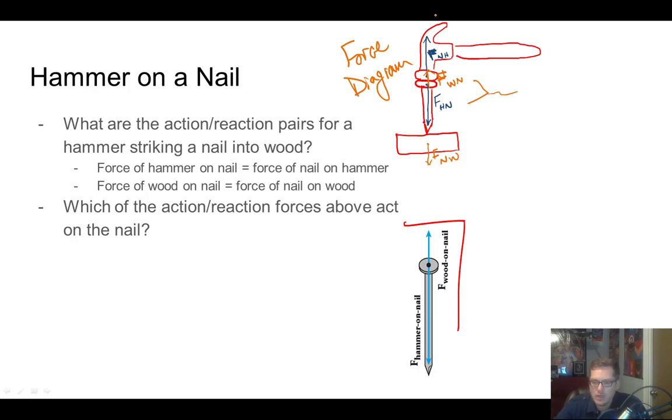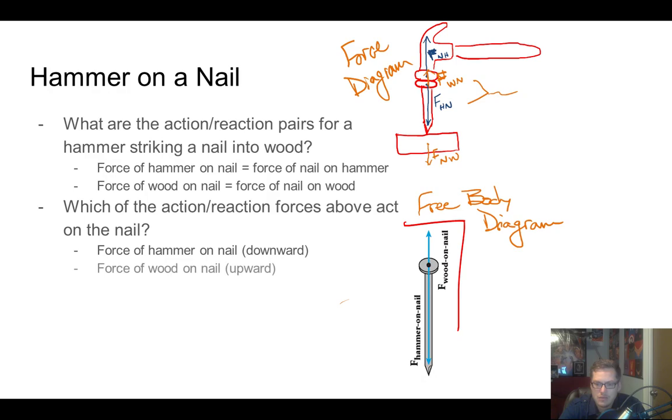Since we're specifically asking about the nail, we draw what's called, remember, a free body diagram. Where the heck did my pen go? There it is. So this is a free body diagram. So the force of the hammer on the nail and the force of the wood on the nail.